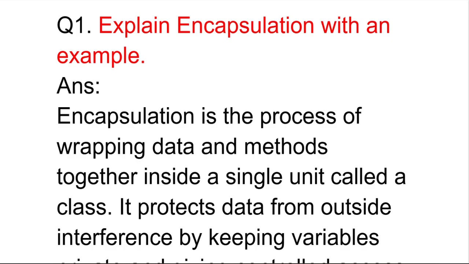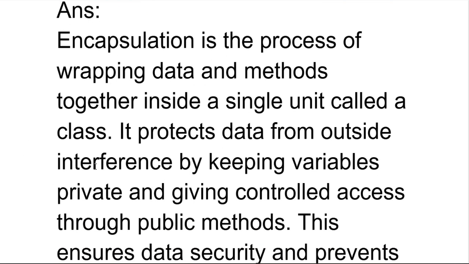Encapsulation is the process of wrapping data and methods together inside a single unit called class. Simply, it works as a capsule where the medicine and its properties are put into the same capsule. In simple words, encapsulation is the process of wrapping data and methods together inside a single unit called a class.